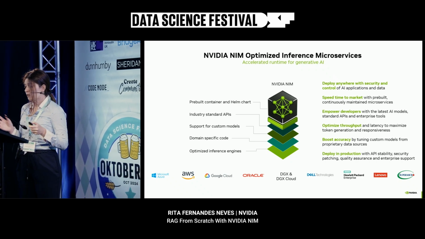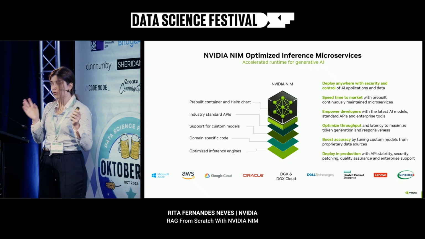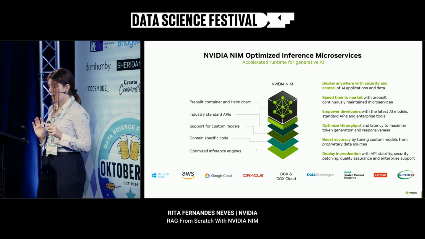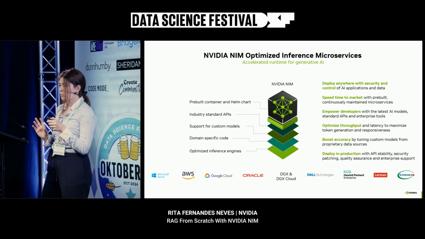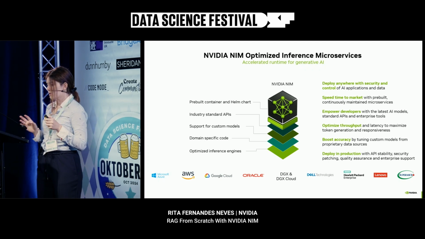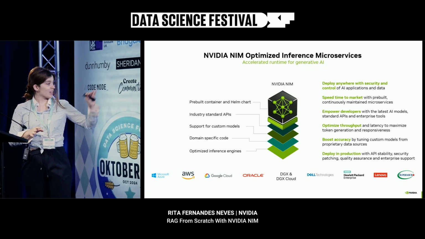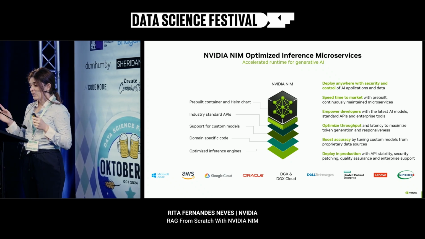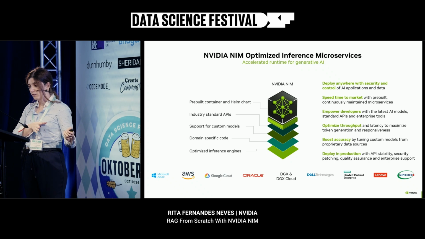And NIMs are essentially a container for a model. This is a very simple thing. You have an API, you do a call to the API, and that will give you access to the model. And the model is containerized in essentially this, a visual representation of that container, which means that it will include the industry standard APIs.